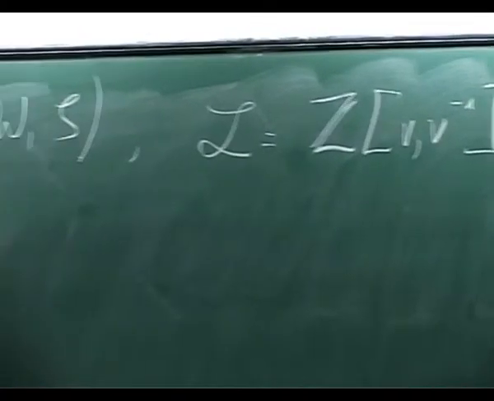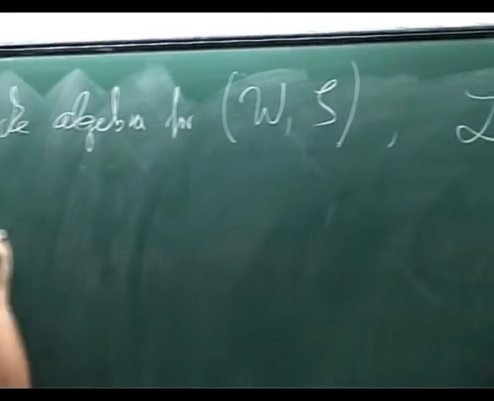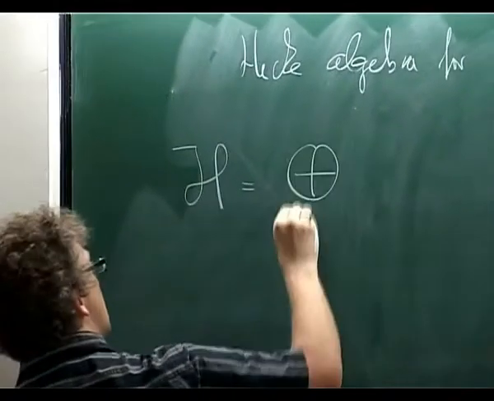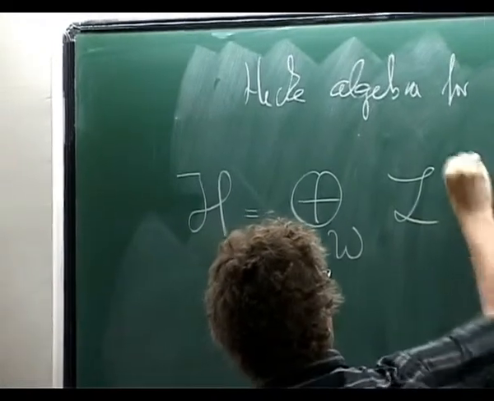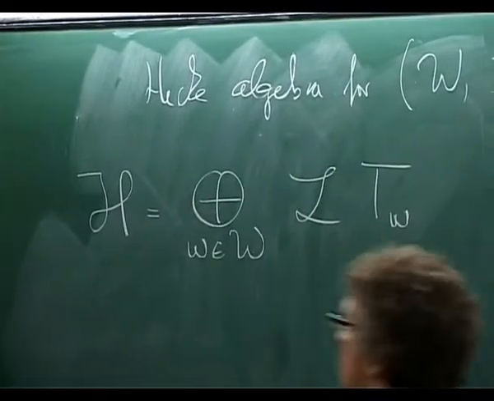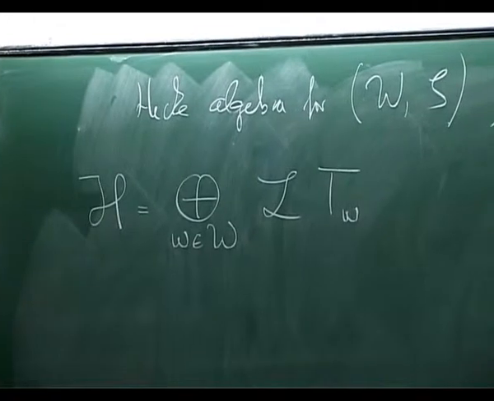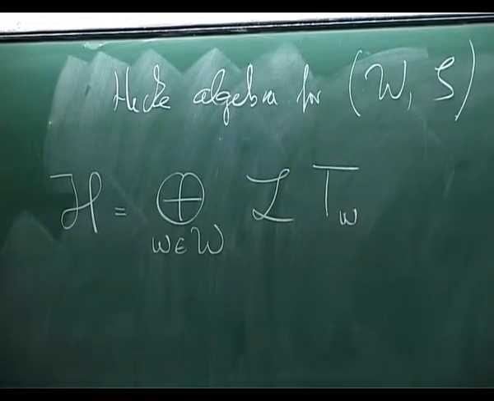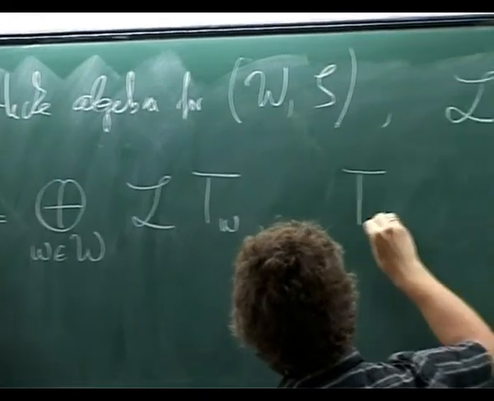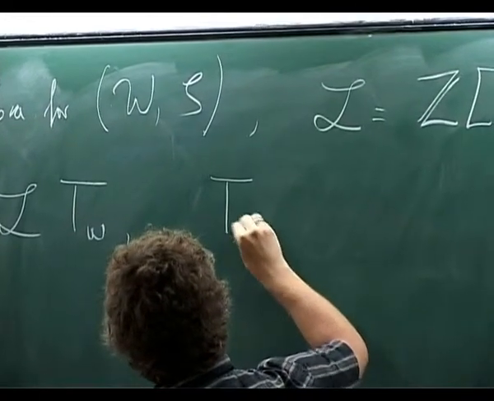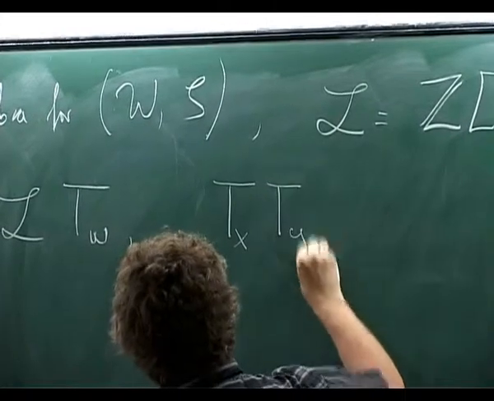So as a space, the Hecke algebra H is a direct sum over all w in W of L·T_w. It's just a free L-module generated by elements of the Weyl group, and the multiplication is given as follows: T_x times T_y.